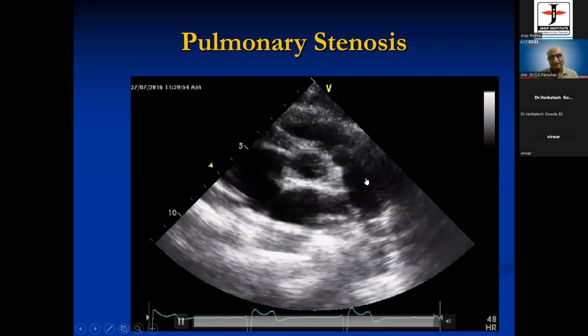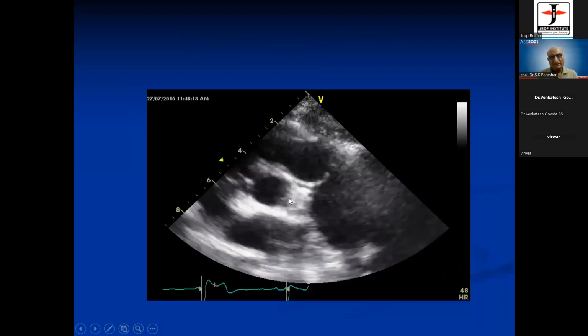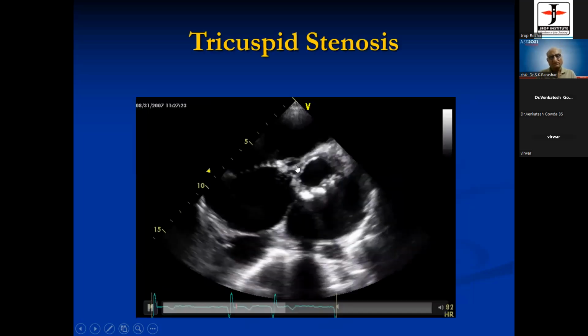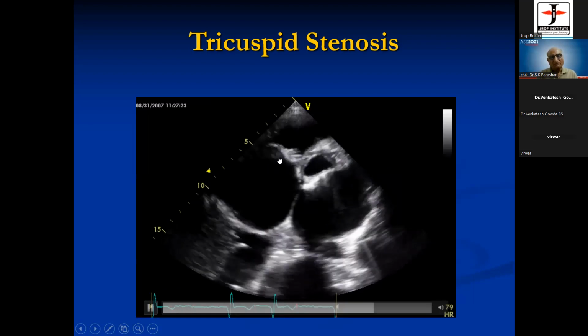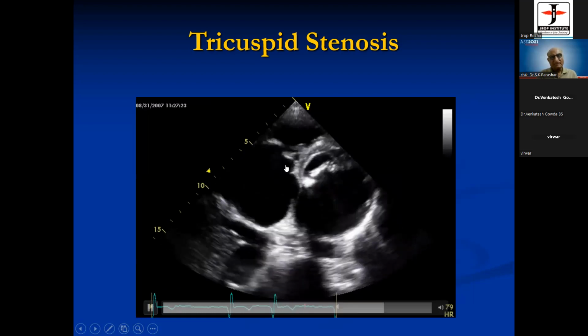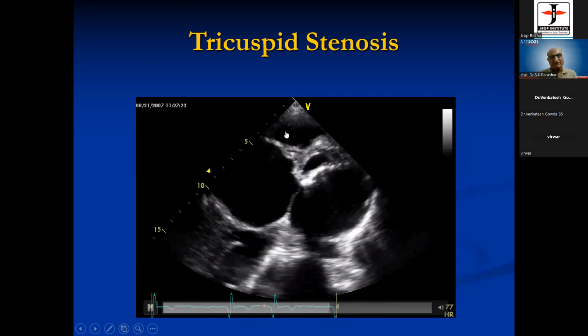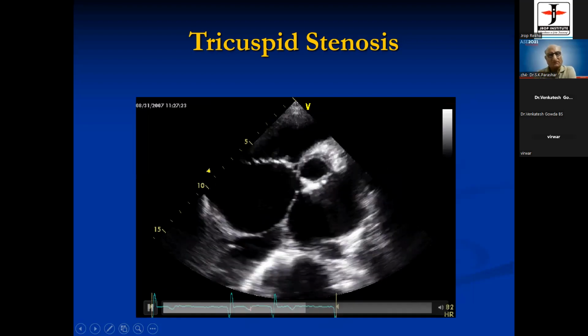This is a still image, and this is the aorta, this is the pulmonary artery, this is the pulmonary valve, and it shows the doming toward the pulmonary artery, that is a convexity toward the pulmonary artery. So again, pulmonary stenosis.